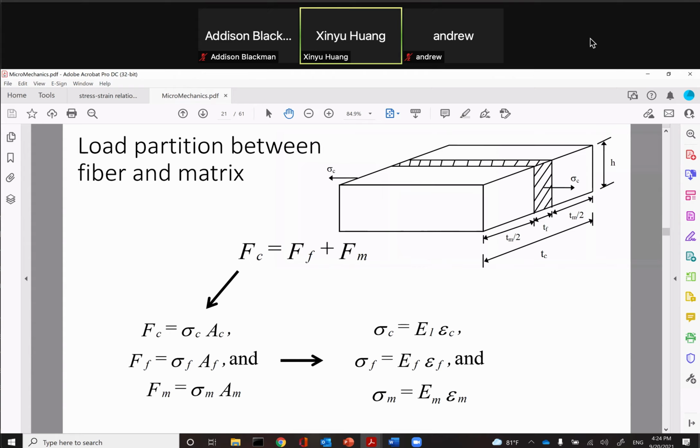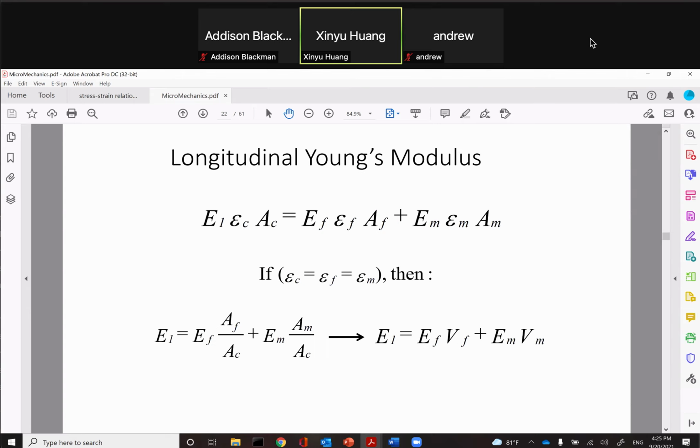Then you can separately estimate the reaction force from the fiber and the matrix. This will be fiber property times fiber area, plus matrix property times matrix area, and you plug that into the equation. So this is the equilibrium: total force equals fiber reaction force plus matrix reaction force. Then you divide by total area.